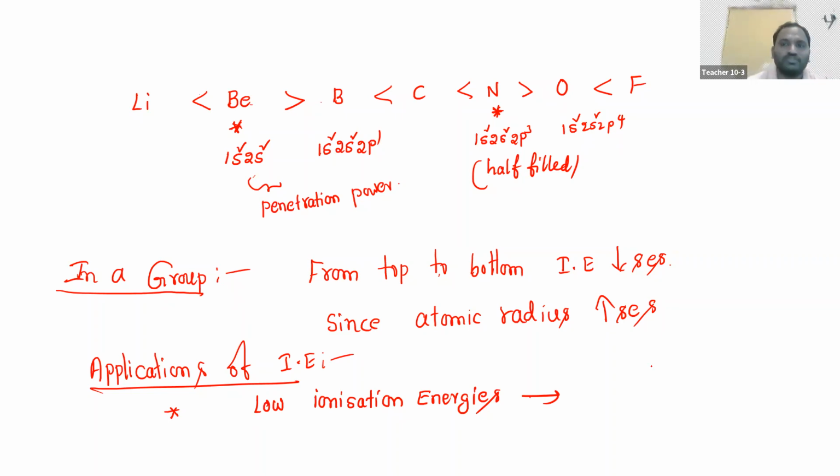Low ionization energy means they readily lose electrons. Readily losing electrons means their electropositive character is more. So electropositive elements are metals. Very good. Next, high ionization energies act as non-metals.